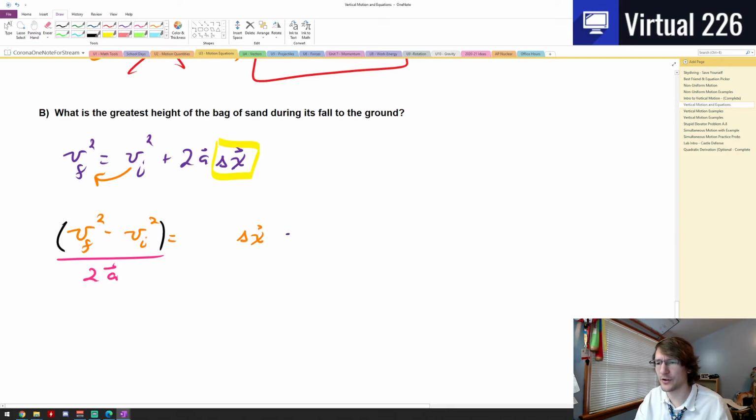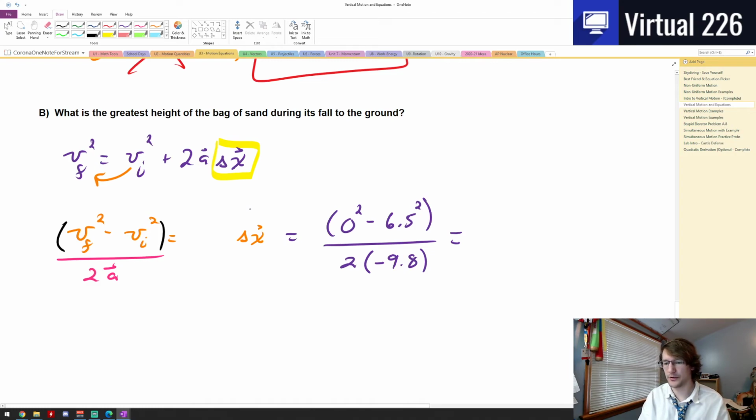Now if I want to start plugging in numbers, I'm going to have 0 squared minus the initial velocity, 6.5 squared, divided by 2 times gravity, which was the acceleration of negative 9.8. And that will give me my delta x. If we run this through, 6.5 squared is 42.25, and that's going to be a negative quantity, so negative 42.25.